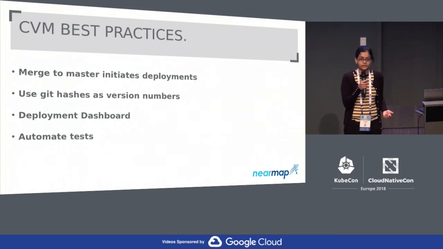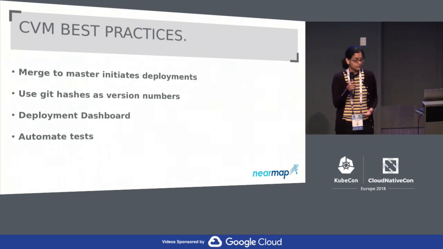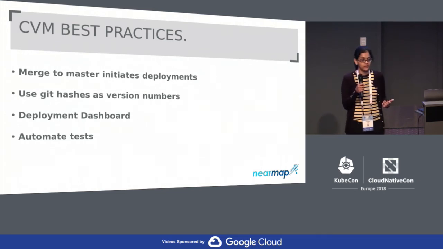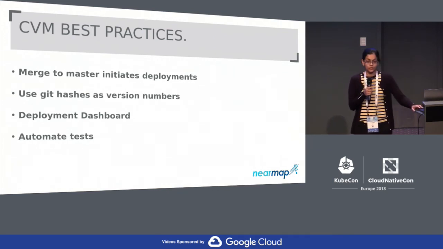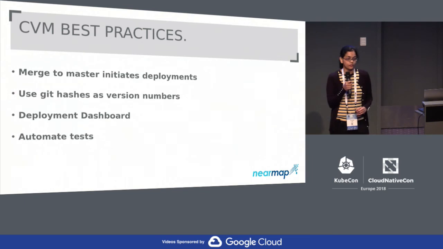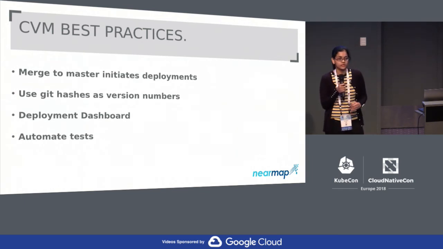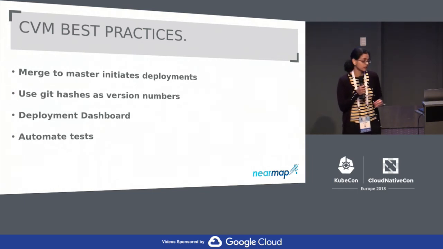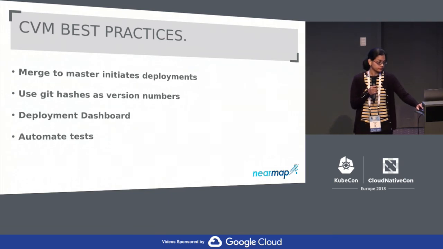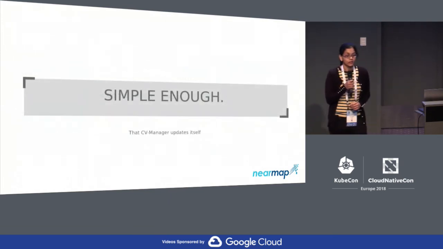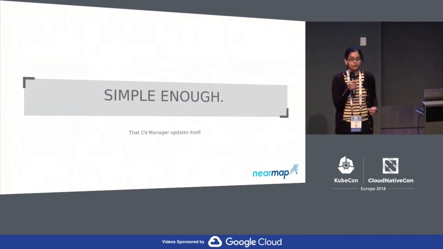It gives us more insight into what's happening in your CD pipeline, and can tell you the strength of your pipeline. And obviously, no CD pipeline is fully automated until your services and applications are fully tested and automated. And I do want to mention that this solution is simple enough that even in our cluster, CV Manager updates itself on merge to master.